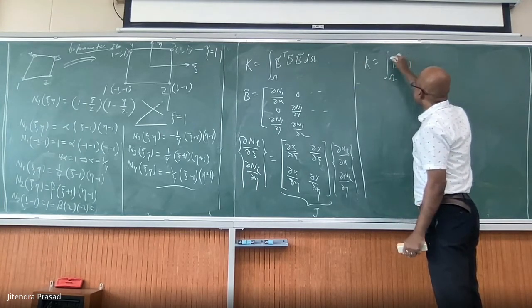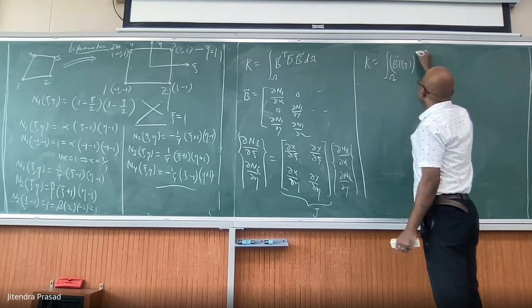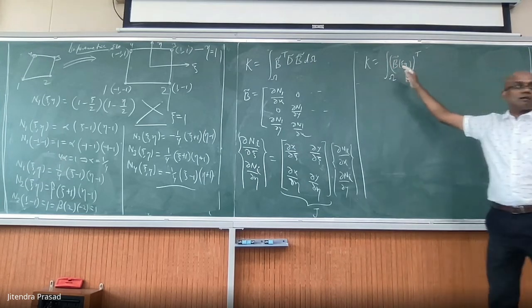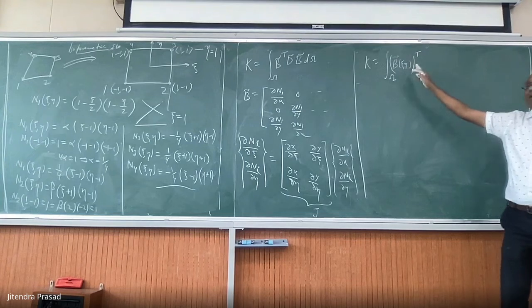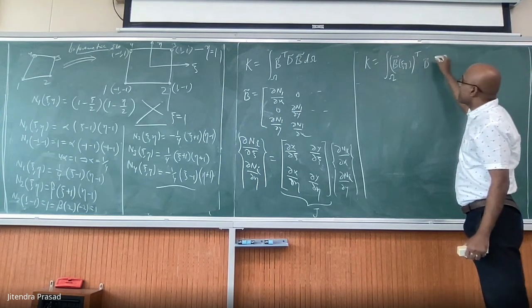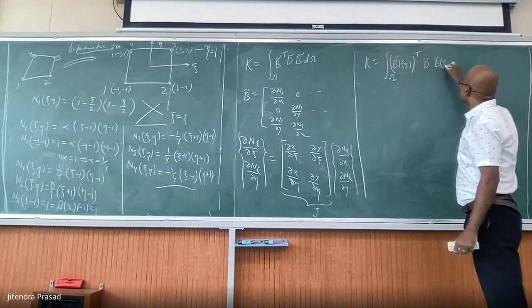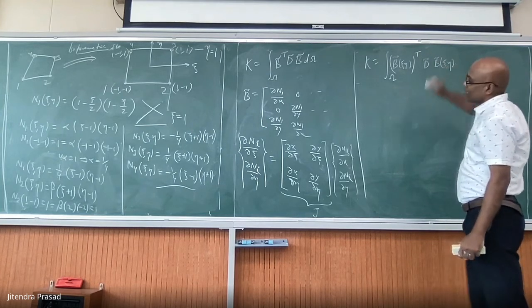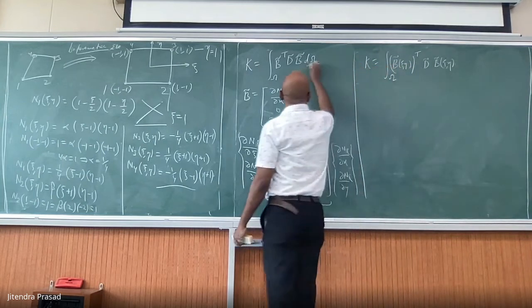I'm writing xi eta, which really means you have finally converted B in terms of xi eta. Then B transpose also you have in terms of xi eta, and then you have d omega.